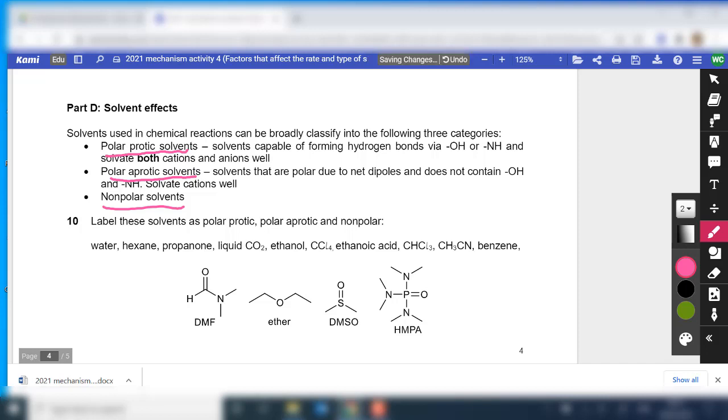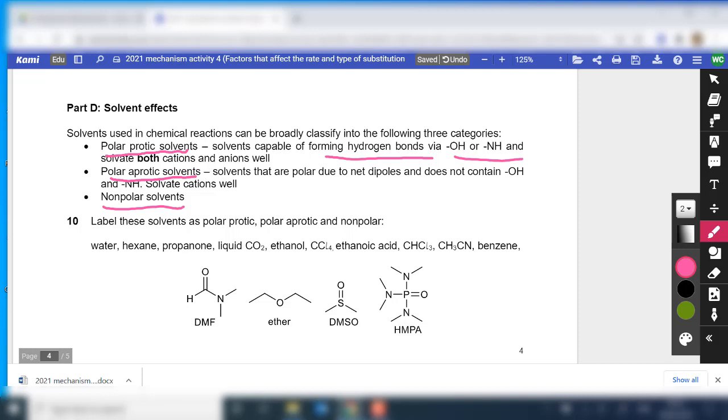So for protic solvents, basically these are solvents that are capable of forming hydrogen bonds via their OH or NH group. So you need to know that when they satisfy this criteria, they are able to solvate both cations and anions well. You can think about why, or if you wish to, you can read a little bit about it.